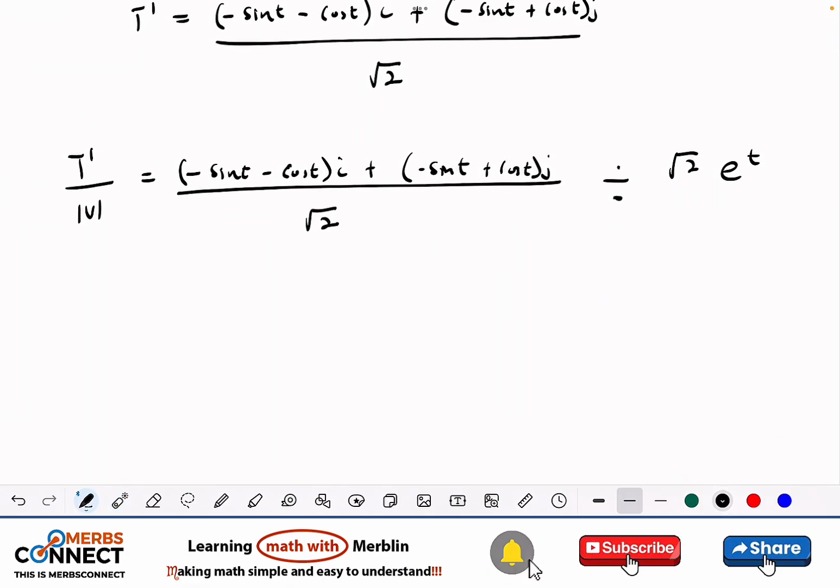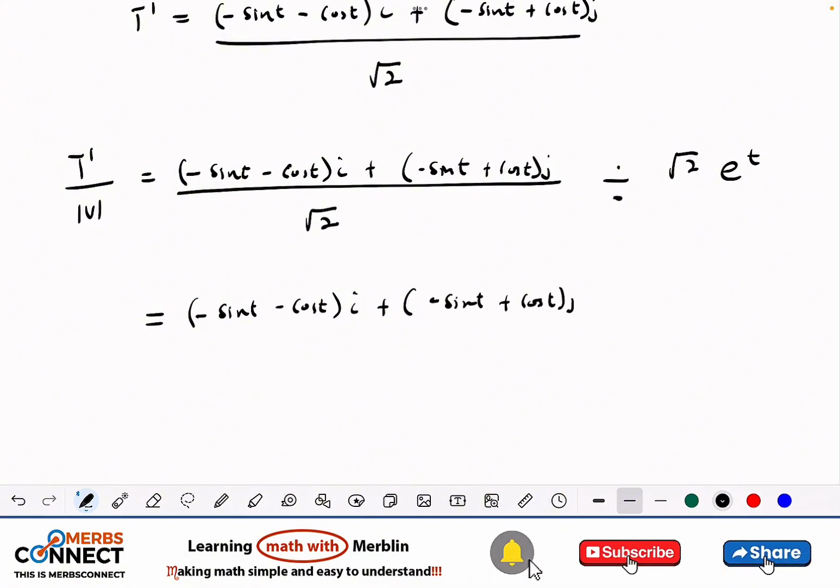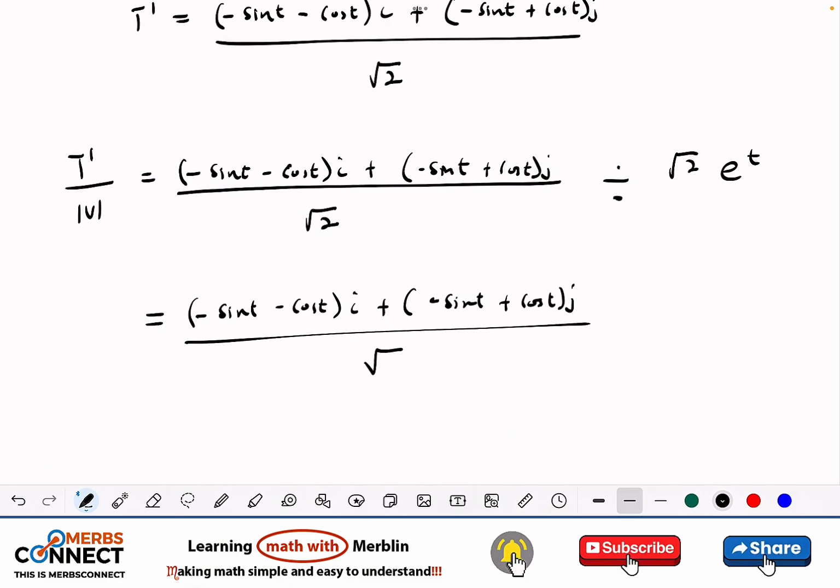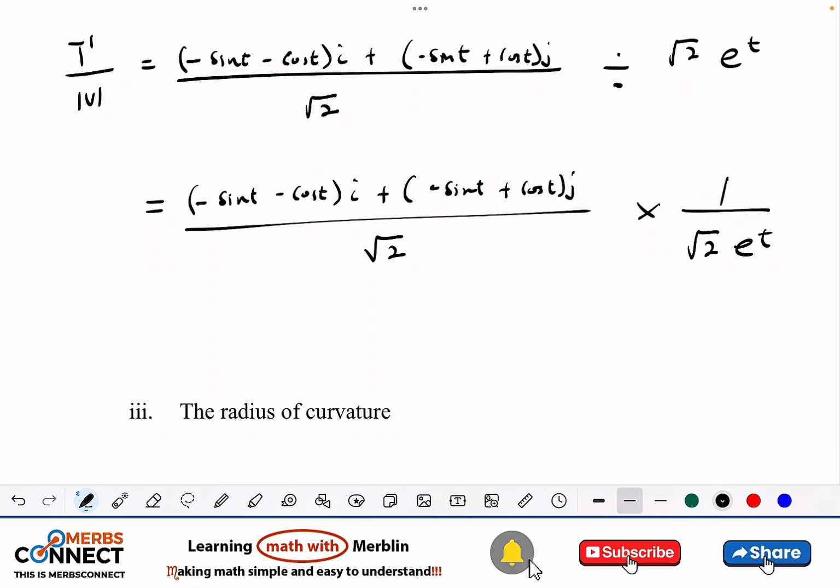Then I can write this one as (minus sin t minus cos t) i plus (minus sin t plus cos t) j divided by square root of 2 times, this is divided by 1, so I can write this one as 1 divided by square root of 2 e^t. Then multiply.